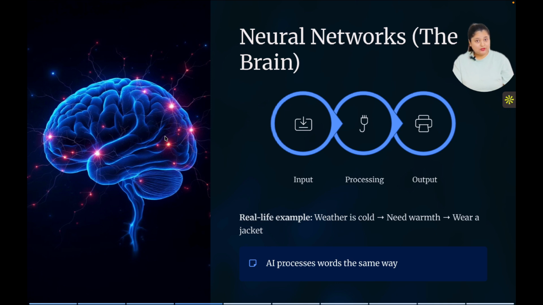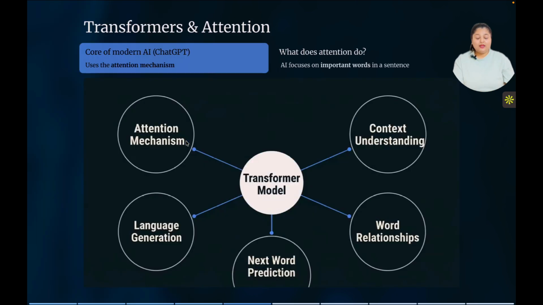If it is cold, you need warmth, so you need to wear a jacket. What's the output? You wear a jacket. A neural network works in a similar way. It takes the input, that is words, processes it through multiple layers and then gives the output, that is next word prediction.